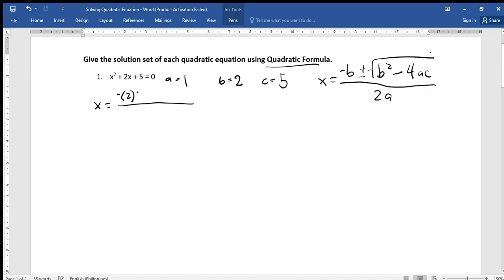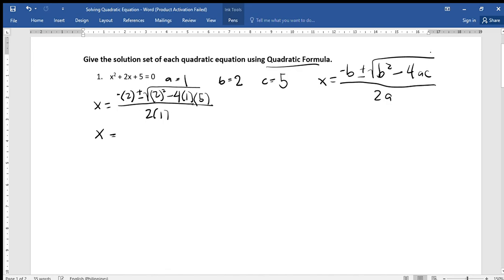Palitan natin yung b ng 2, plus minus square root of b squared, yung b natin is 2 again, squared natin siya, minus 4, yung a is 1, and yung c is 5. So, substitute lang natin ulit. Sige, let's try to operate this.